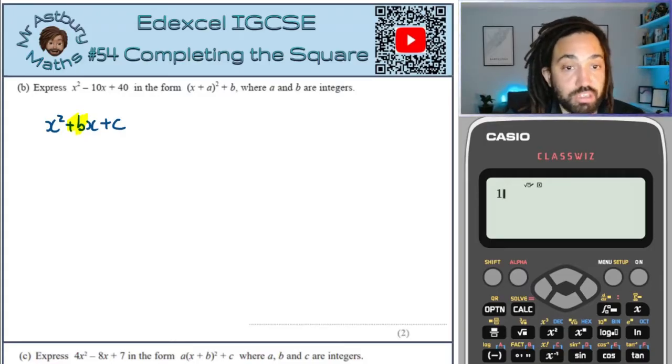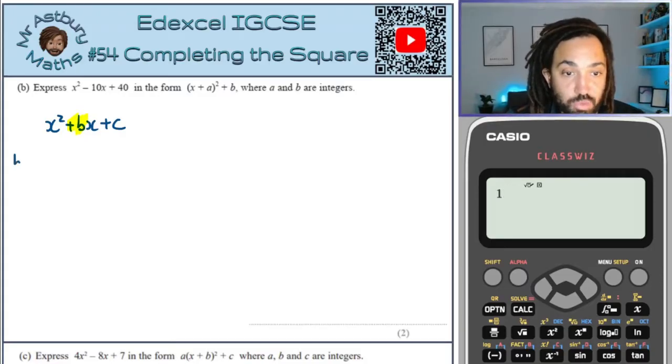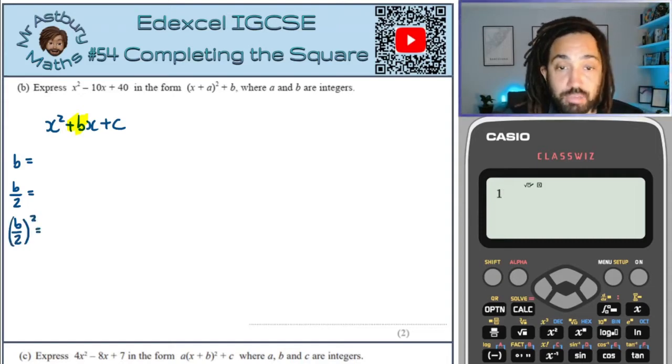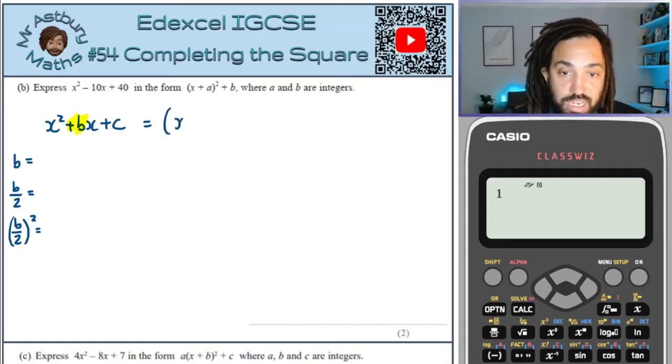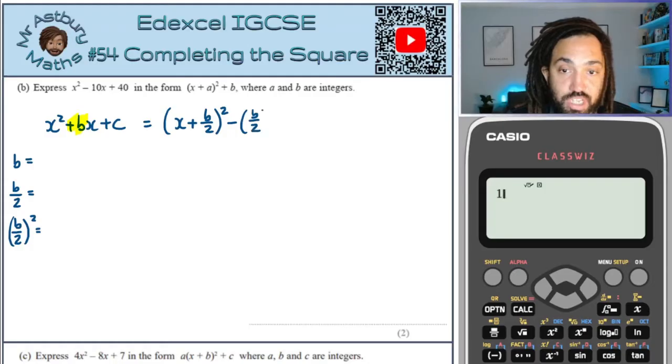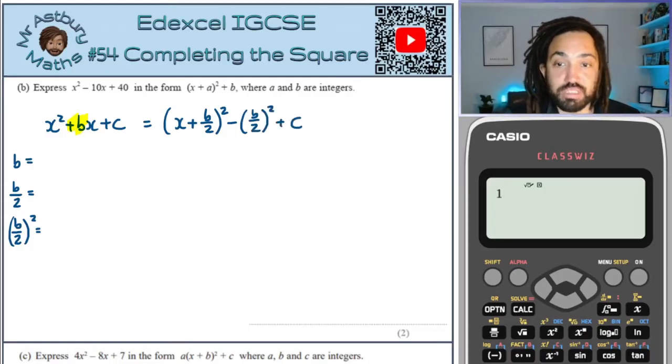I'll write down what the b term equals, then what b divided by 2 is, and then what b over 2 all squared is. To complete the square, all I need to do is write x plus that b over 2 term inside a bracket squared, minus whatever that b over 2 term squared is, and then add on the c term which is left over.